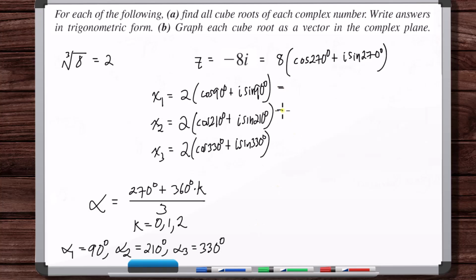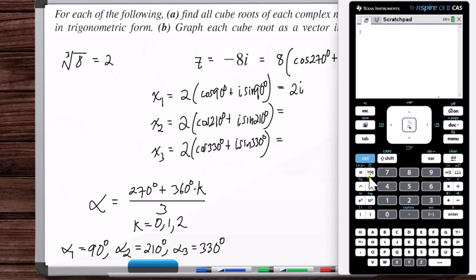Let's put them in rectangular form. Cosine 90 is going to be 0. Sine 90 is going to be 1, so this is 2i. All right. Cosine of 210, sine of 210. Multiplying by 2, you got minus root 3 minus i.